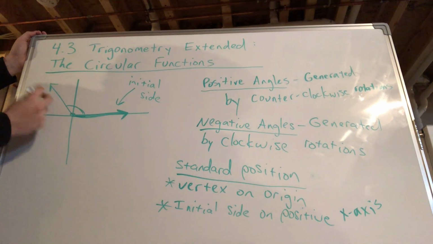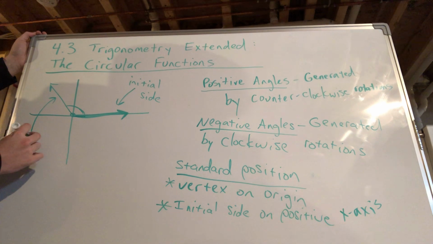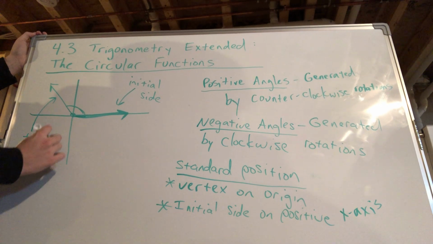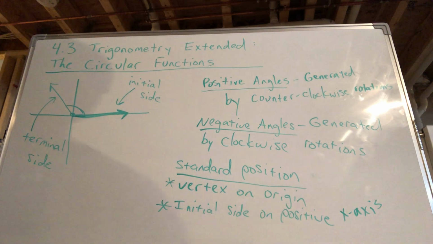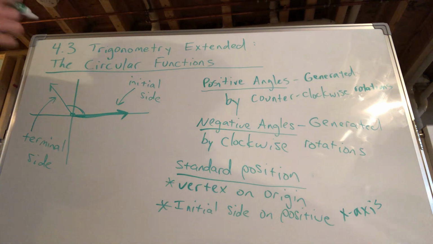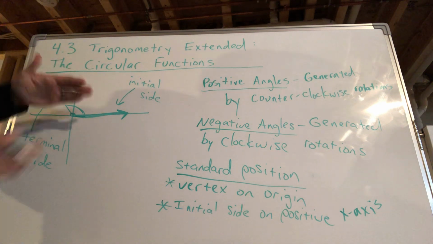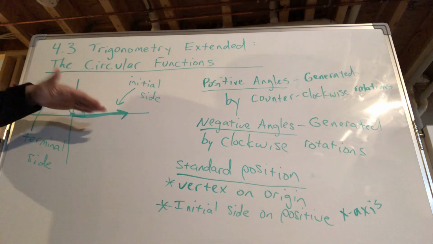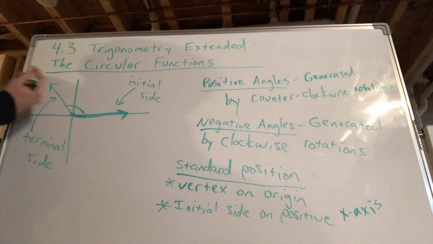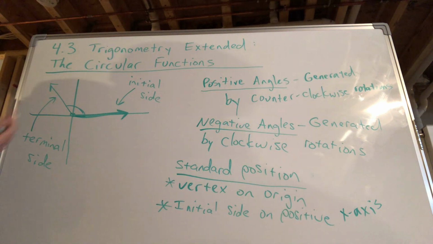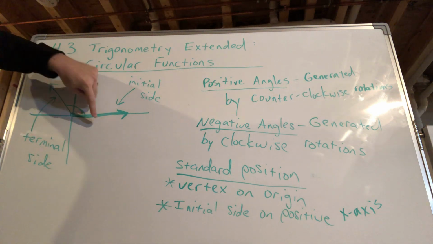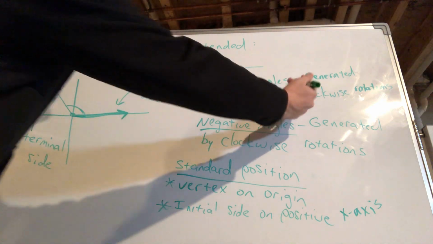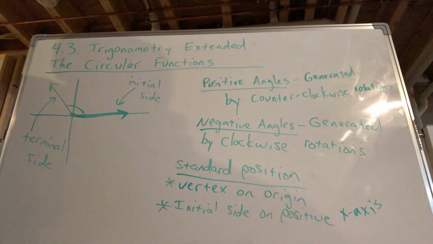And this right here is going to be your terminal side. Always think about starting your angle at 0 degrees. Now, if you want to put a 120 degree angle on the coordinate plane, then you would have to open your terminal side up this direction, counterclockwise, because positive angles are generated by counterclockwise rotations.